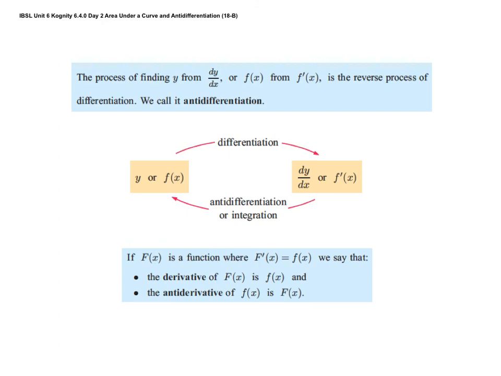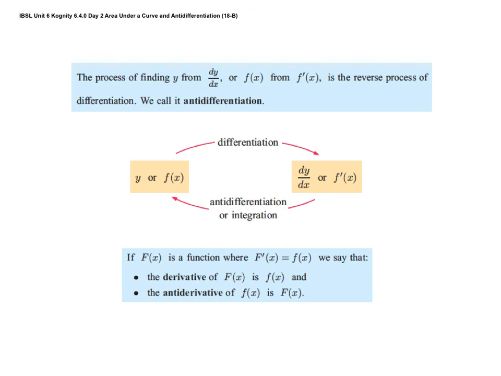But it may not take us back exactly to the function we want. It'll take us back to the right family of functions. And as we'll see, if we know one point on the original function, then we can find the exact one. So there's a little more information we need. That's why I said it's kind of an inverse.